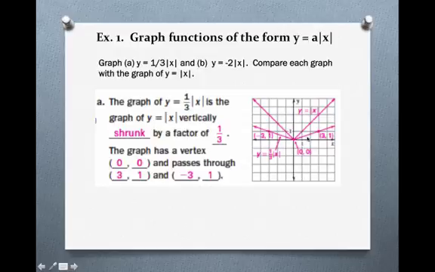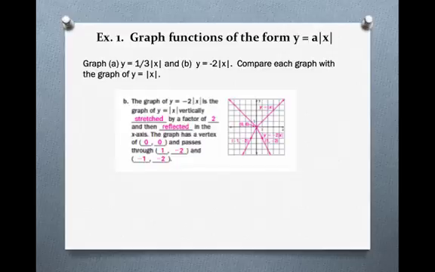And then you draw in the ray. And then you go back to (0, 0), and you use a slope of negative 1/3. So you go up 1 from (0, 0), and to the left 3, and then you draw in that ray. And that gives you the graph of y equals 1/3 absolute value of x.